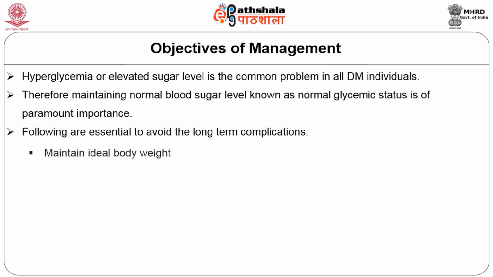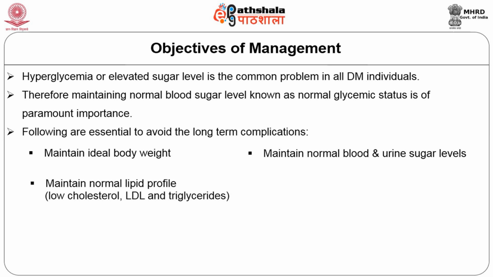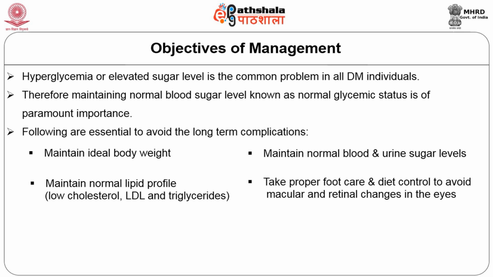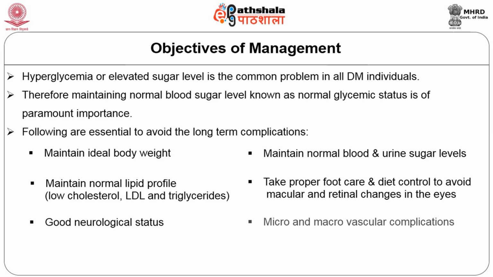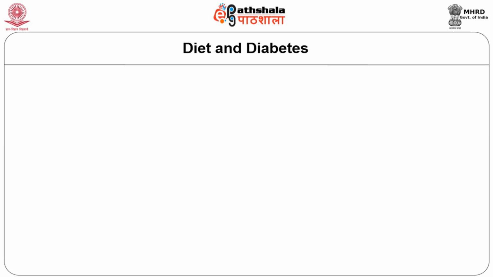These are ideal body weight, maintaining normal blood and urine sugar levels, maintaining a normal lipid profile, that is low cholesterol, LDL and triglycerides, and a high amount of HDL or high density cholesterol. Take proper foot care, diet control to avoid macular and retinal changes in the eyes, good neurological status, and avoid micro and macro vascular complications.